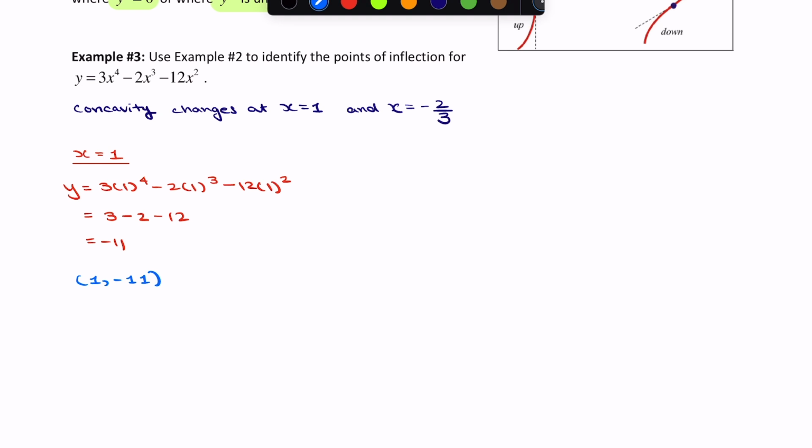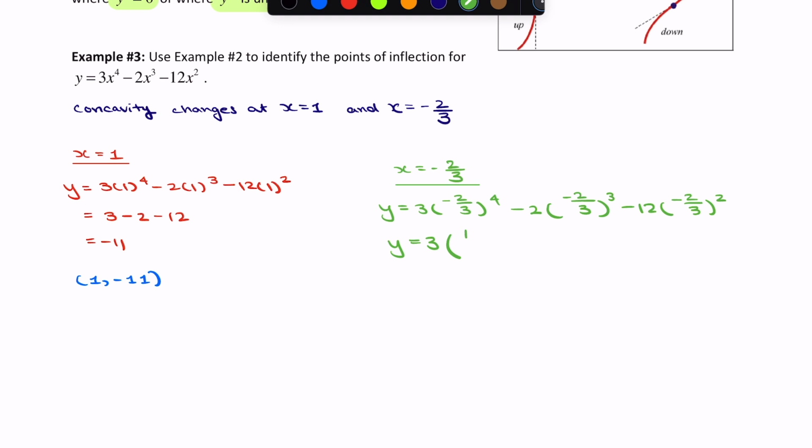And here if we sub in x is equal to -2/3 into the equation, y is equal to 3 times (-2/3) to the power 4, minus 2 times (-2/3) to the power of 3, minus 12 times (-2/3) squared. Because it's an even exponent, the negative will become positive.